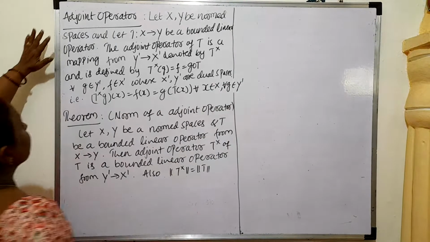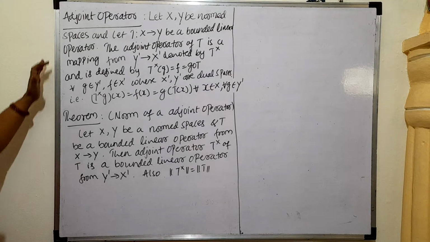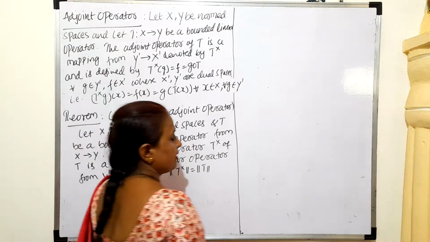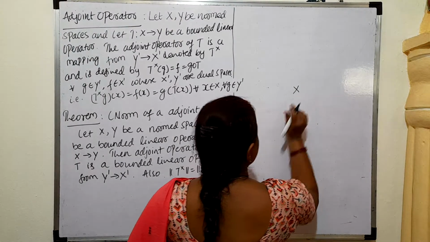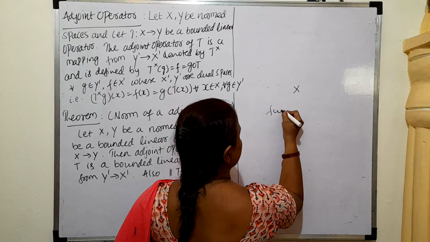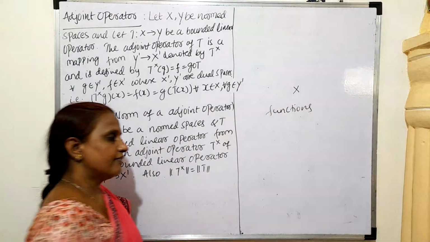The next topic we have is the adjoint operator. Adjoint operator is defined on dual spaces. That is, suppose X is a normed space, then on X we can define functionals. So there can be a number of functionals defined.